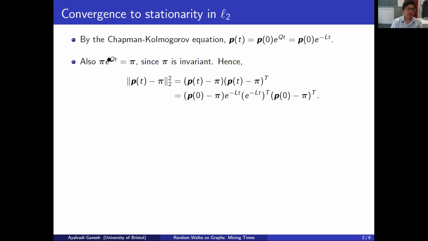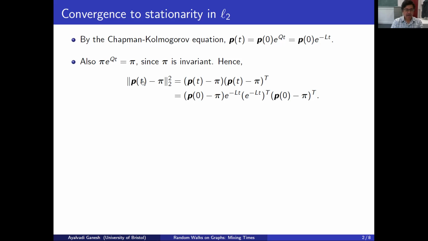Pi is invariant, so it solves the global balance equations: pi times Q is 0. And in the Taylor expansion of e to the Qt, you have the identity. Pi times the identity gives pi. And then you have I plus various sums of powers of Q. And for each power of Q, pi times Q to the k is 0. So all we are left with is pi.